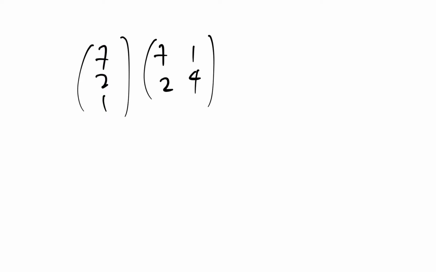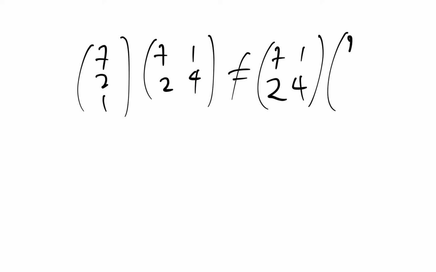So this is the first matrix, this is the second matrix. If maybe they've put the question like this, this is not the same as 7 1 2 4 multiplied by 7 4 7.